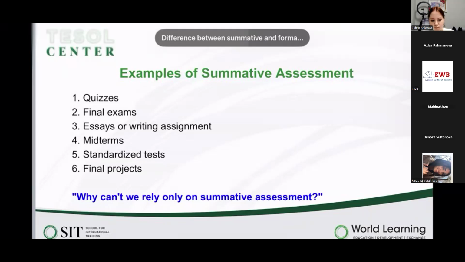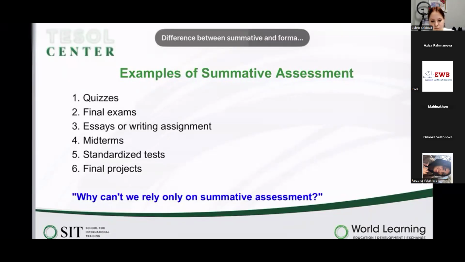So as I said, at schools, teachers mostly use writing assignments like dictations or essays, and sometimes students feel confused and stressed and anxious before the upcoming tests.